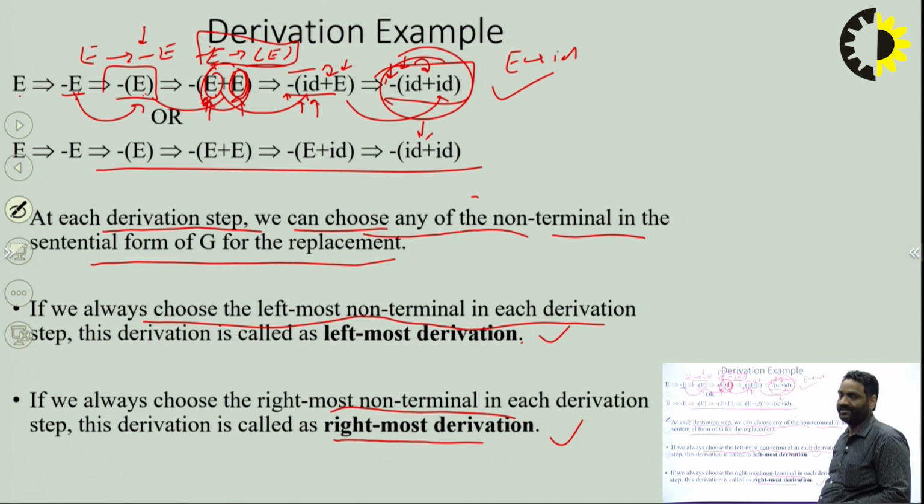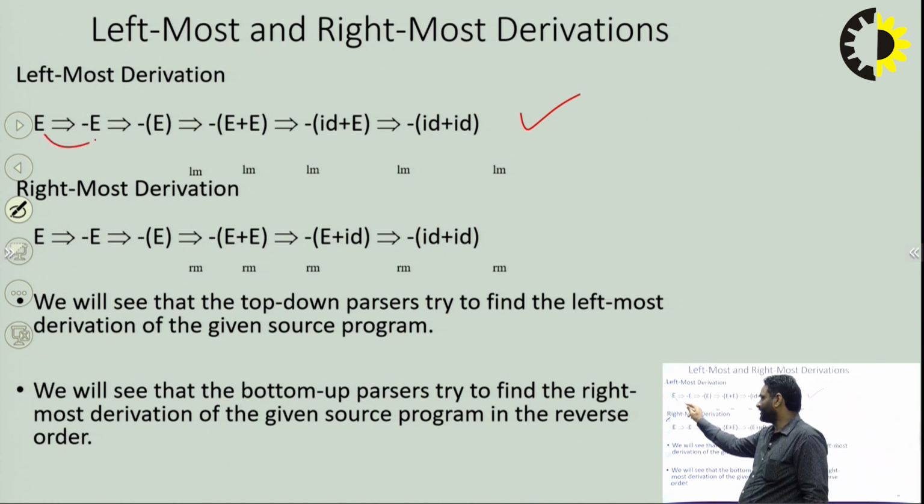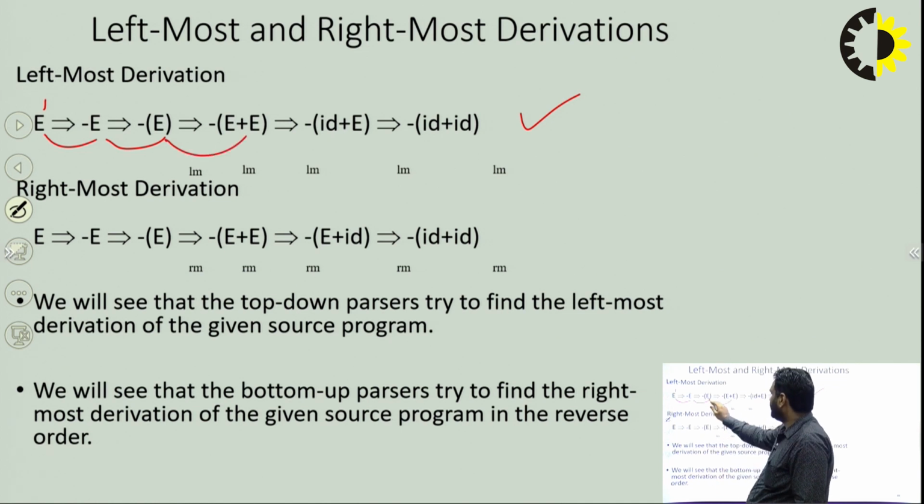I hope you can understand this topic. Now these are examples of leftmost derivation and rightmost derivation. We can see the leftmost derivation. Suppose we are converting this to ID. Since we have only one non-terminal, it does not reflect the real scenario. Now E is converted to E plus E. Now there are two non-terminals, the first one is this and the second one is this. So this non-terminal is converted to this one.